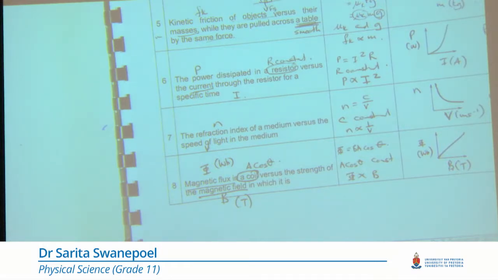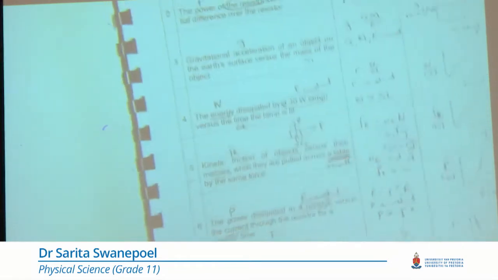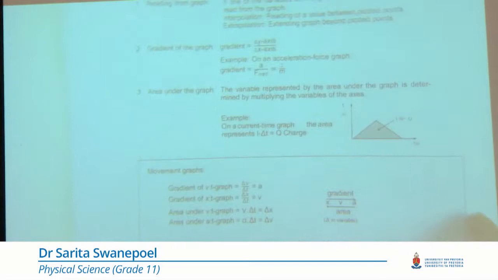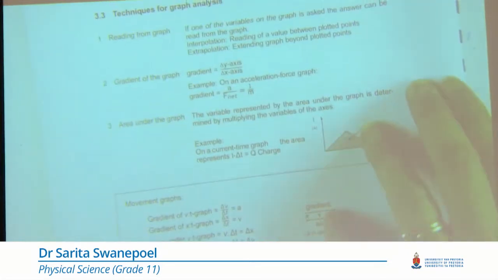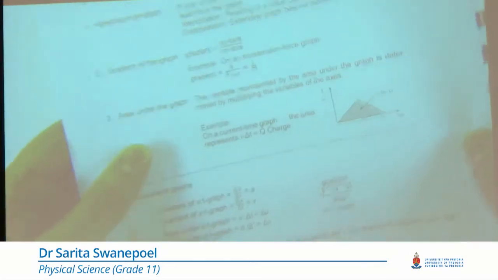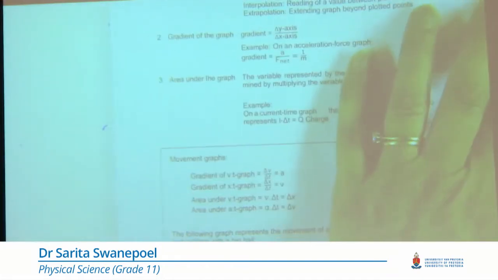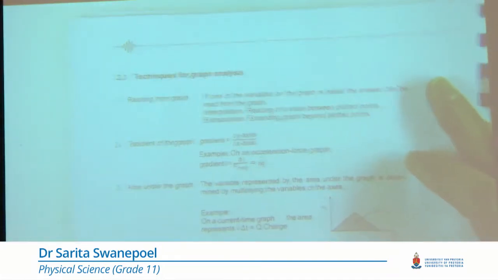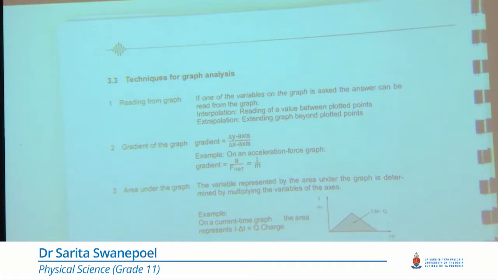Okay, so now we can draw graphs, or we can use graphs to get the relationship. What can you do with a graph to get information from that graph? If you go on to page 34, we're going to look at three techniques for getting information from a graph.